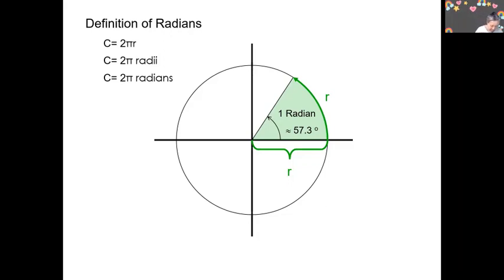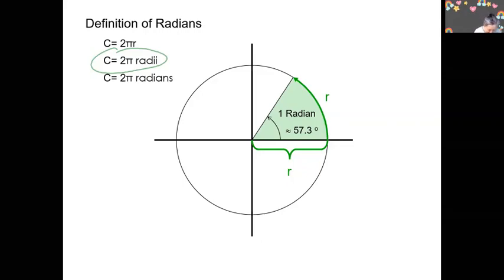What I mean is the circumference based on the formula is 2 times pi times the radius. And since we defined a radian as this length being the same as this length, going around that many times covers exactly the same circumference.